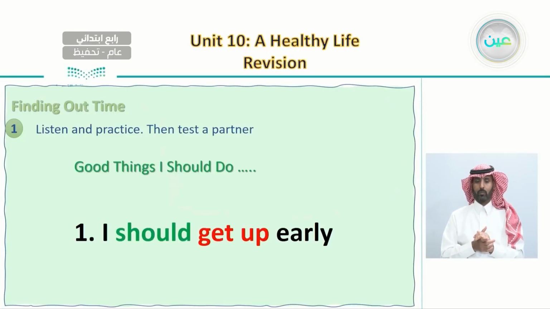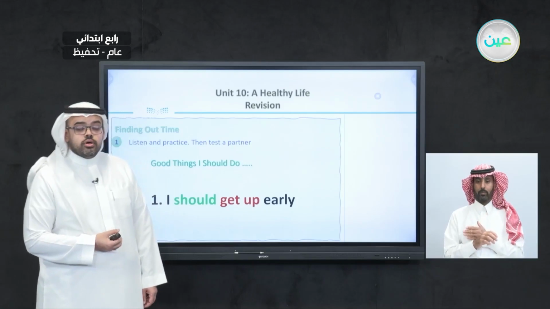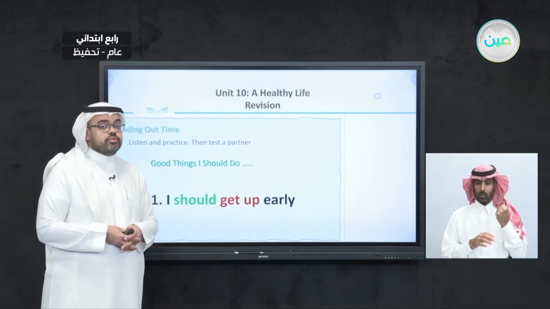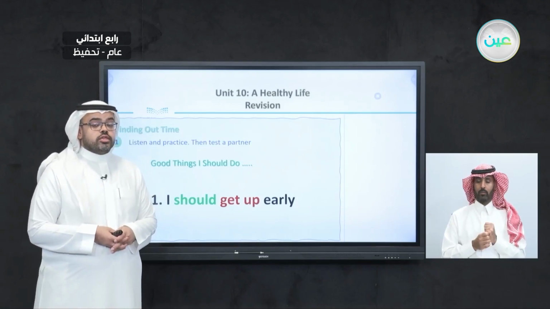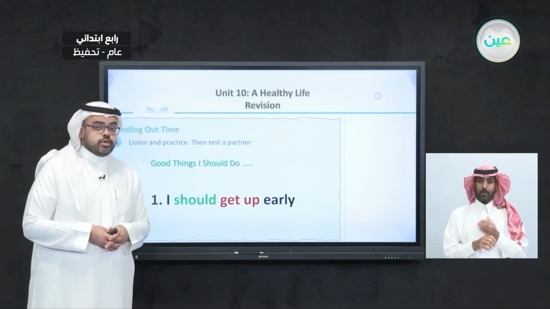The good things that we should do to have a healthy life are, the first thing we said, I should get up early. If you want to have a healthy life, one of the good things you should do is get up early.